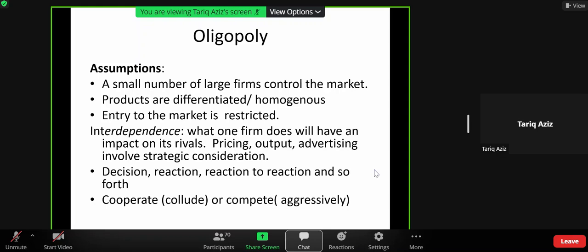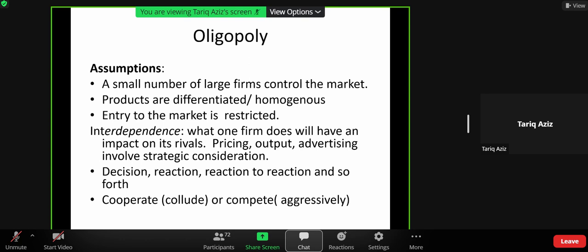The fourth type of market structure is oligopoly. The main characteristic of an oligopoly is that only a small number of firms control the whole industry. So this is the main feature, that the number of firms in an oligopoly market is very small.